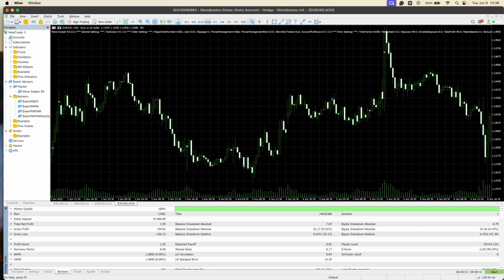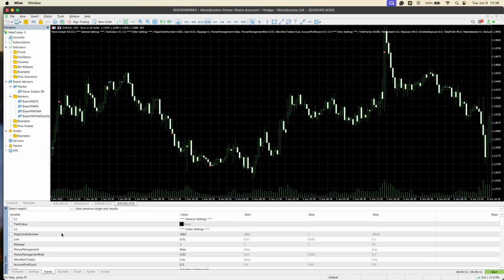My more recent test shows the typical reality of scalpers struggling in mixed markets, especially in today's markets that are very, very volatile from June 2025 till June 2026. It just shows the reality of scalpers in today's markets. The inputs that actually matter are the max spread, the invisible stop loss, and the money management.